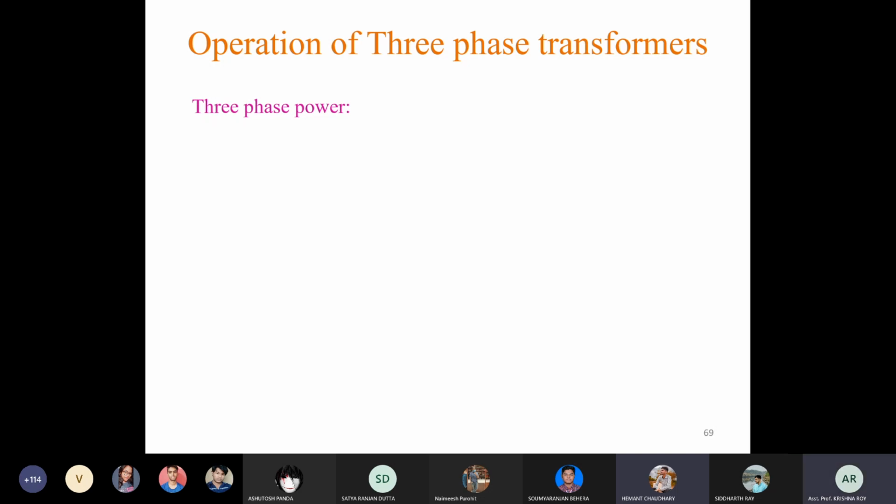Actually, we can measure three-phase power by using the two wattmeter method, but for a balanced system we can measure the single phase power, and by multiplying that by 3 we can also calculate the three phase power. Okay, so what is this three phase power?